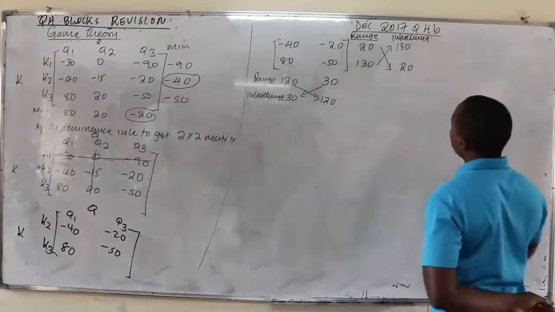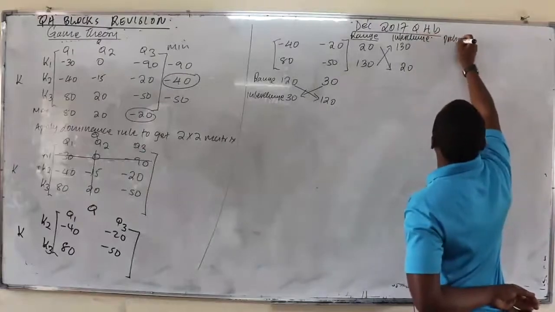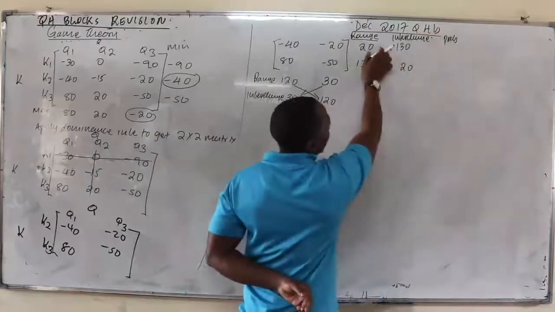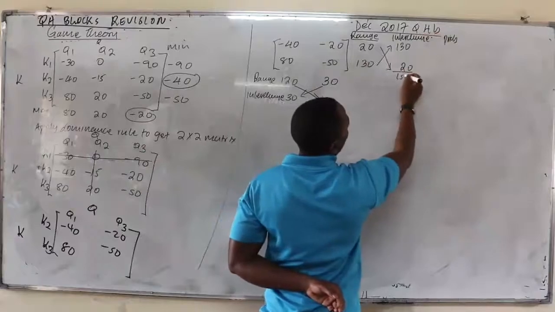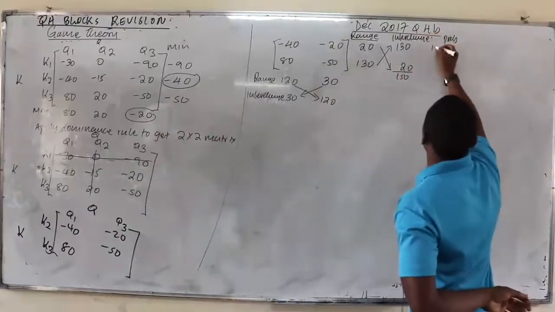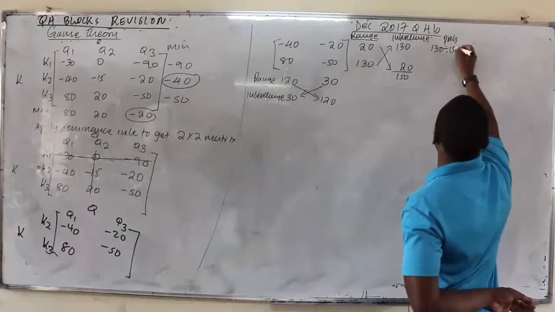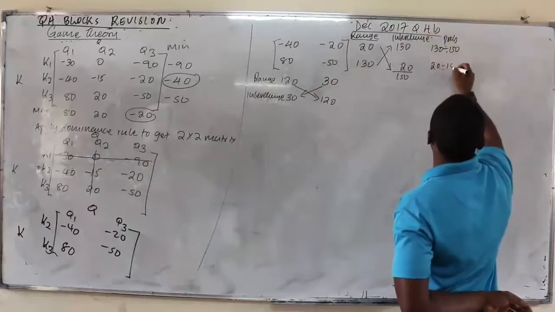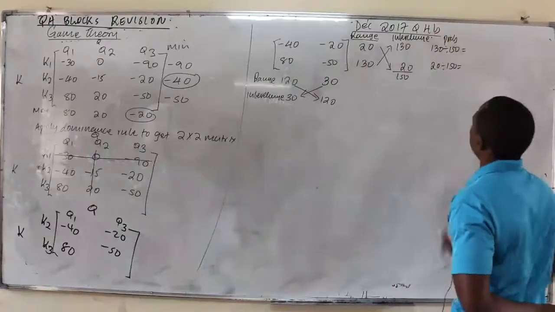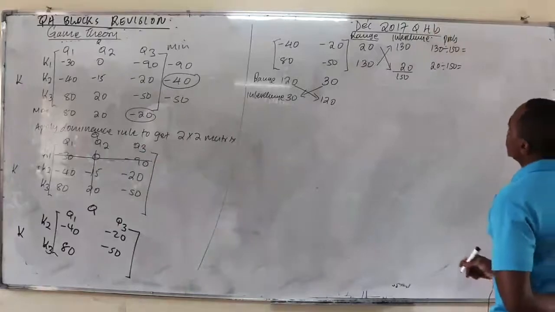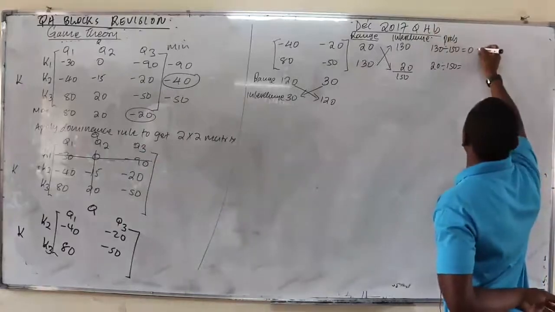Then from there you get the probability. And how to get the probability? You take 130 plus 20, you get 150. So in this case, you'll be taking 130 divided by 150, 20 divided by 150. So what do you get here? 0.87.